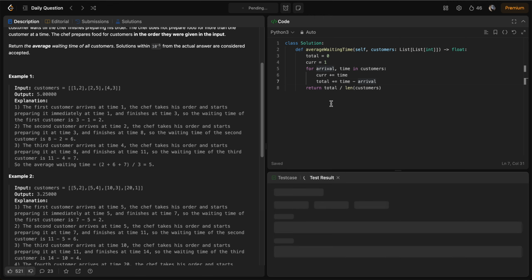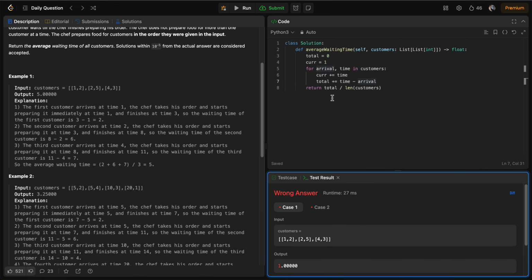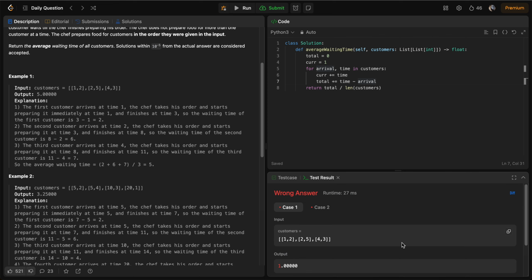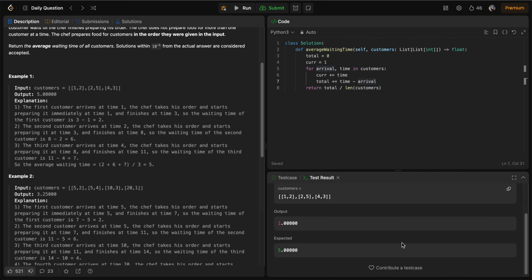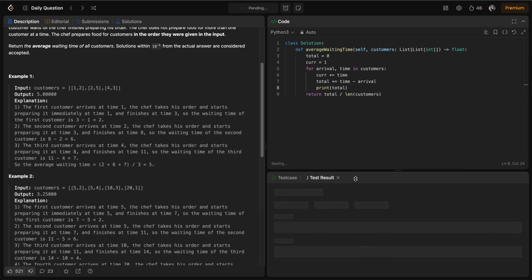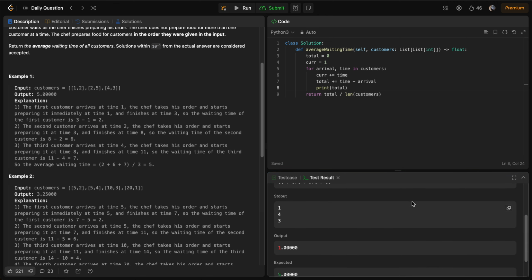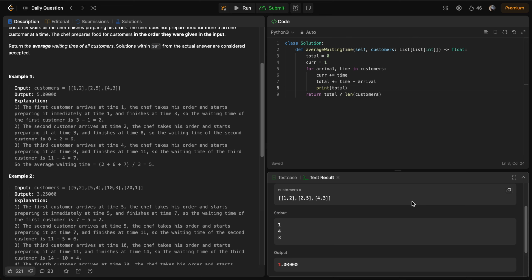Let's run this, see if this works. Uh-oh. What did I do wrong? Oh, okay, I subtracted the wrong thing.